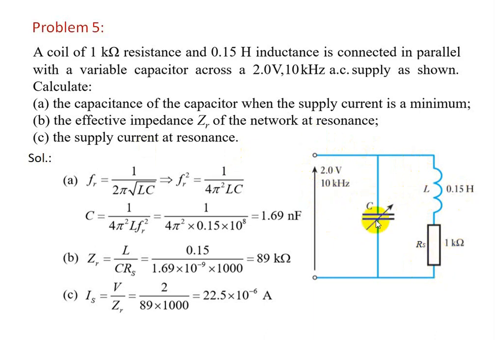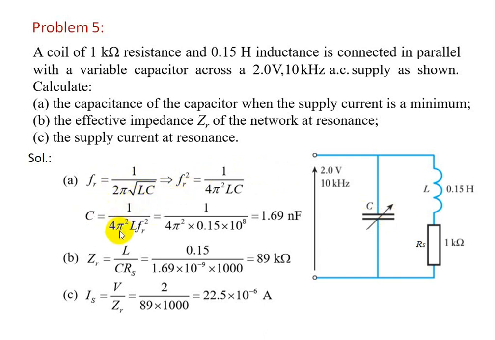From the given data, you are asked to find the capacitance at which current is minimum. Current will be minimum only at resonance. So let us see how to find this. FR for this circuit is 1 by 2 pi under root LC. Now try to get an equation for C from this.